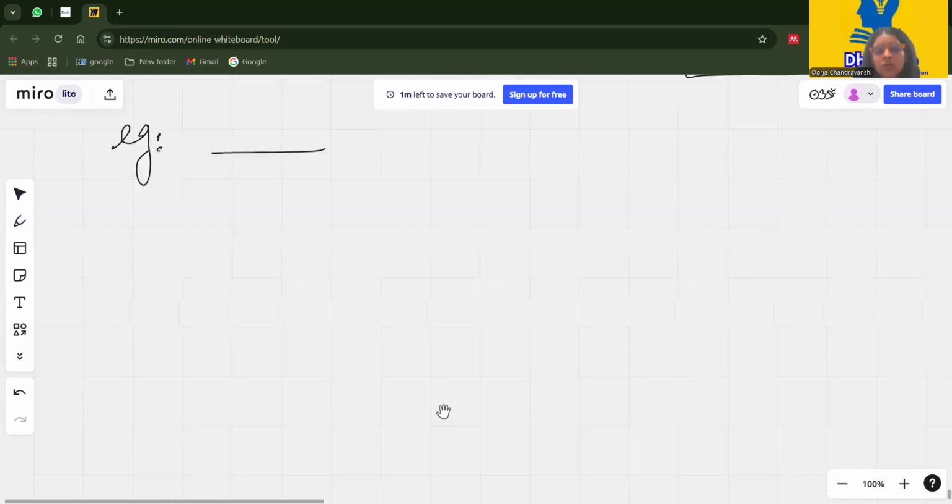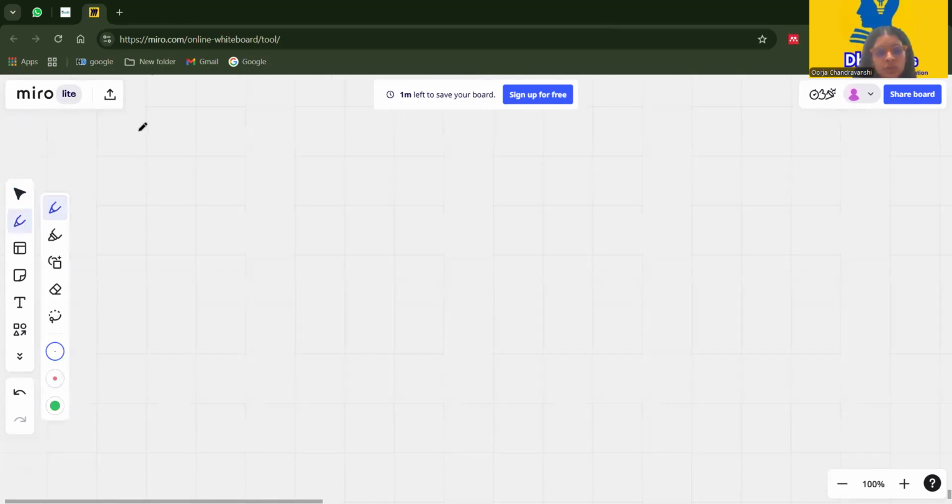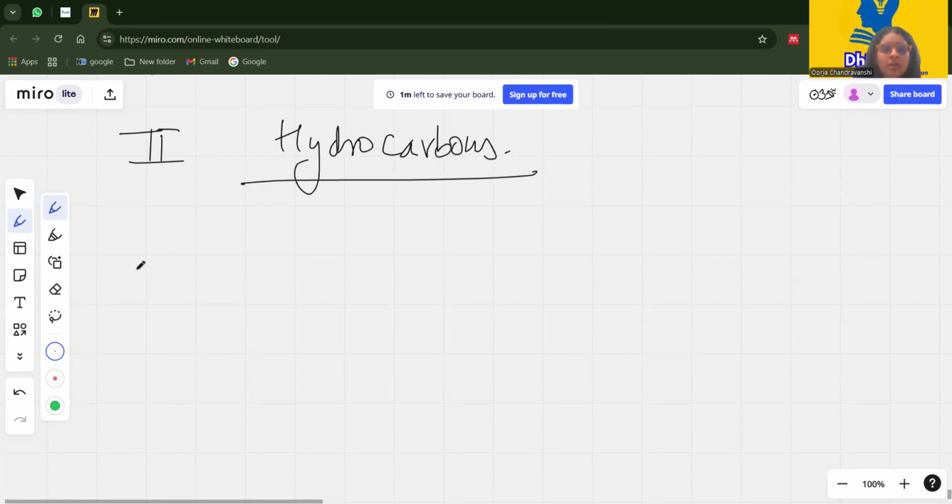So now we complete alcohols and move to hydrocarbons. First we'll start with alkanes. What is the general formula of alkanes?